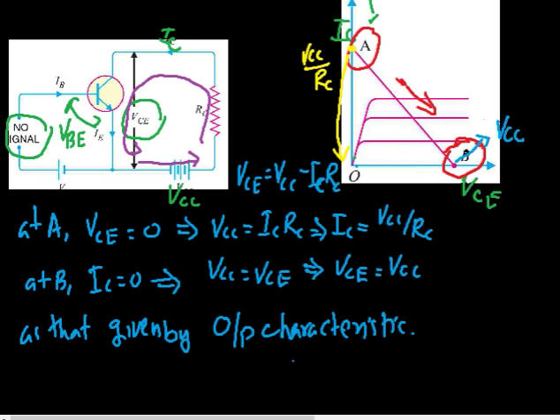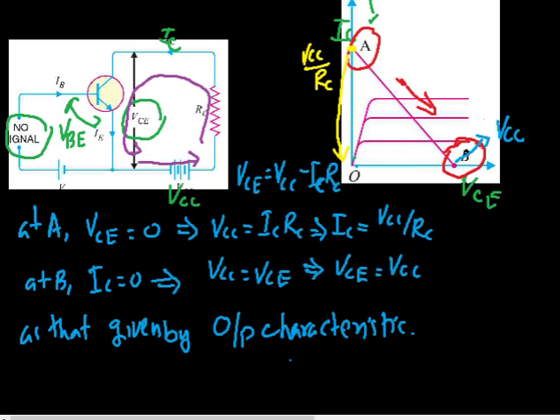So if we fix the circuit by connecting a particular voltage source of value VCC and a collector resistance of RC, then the DC load line gives all the possible values of collector current with respect to the collector emitter voltage.